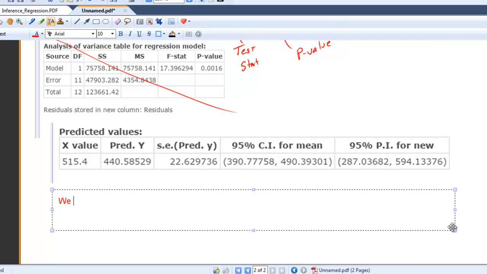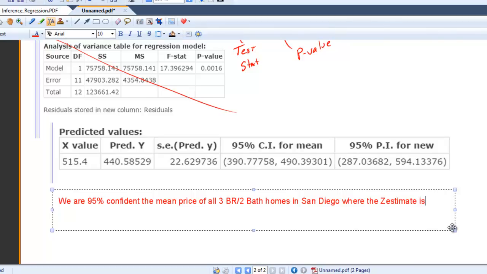And so we would say something like this. We are 95% confident the mean price of all 3-bedroom, 2-bath homes in San Diego, where the estimate is 515,400, is between 390.8 thousand and 490.4 thousand.